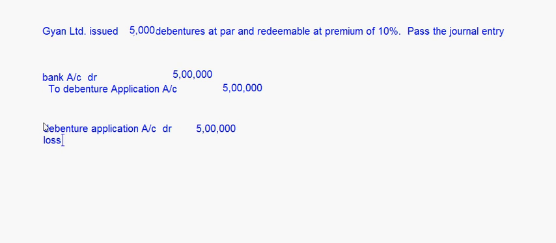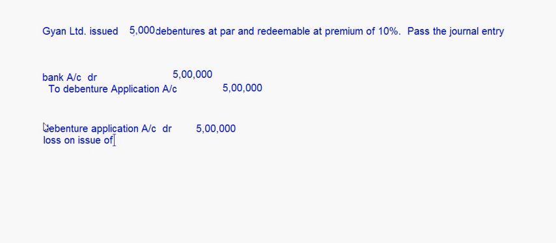So this bank account to debenture application is 5 lakh. And now debenture application account is the same amount, 5 lakh, that is what they receive.